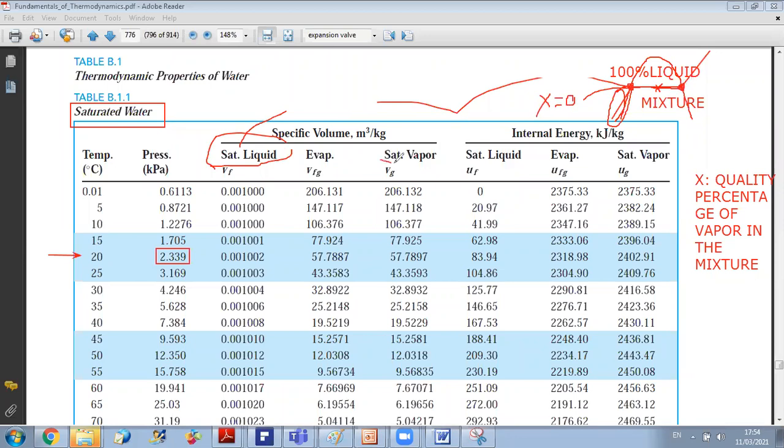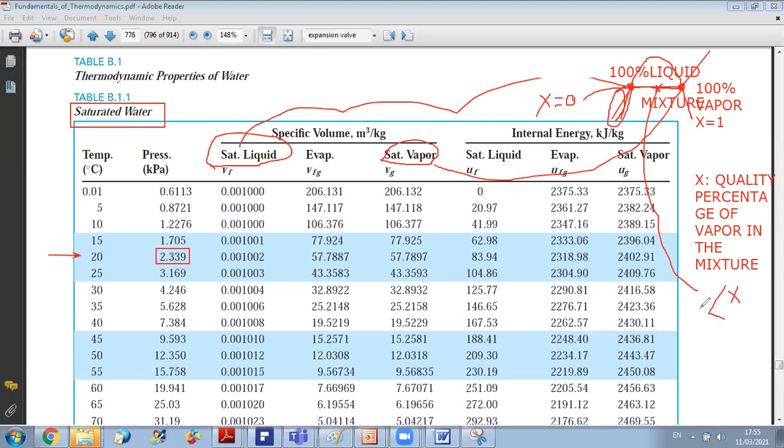This point corresponds to 100% vapor, and at 100% vapor, I will have X equal to 1. Anywhere in between these 2 points, X will be between 0 and 1.